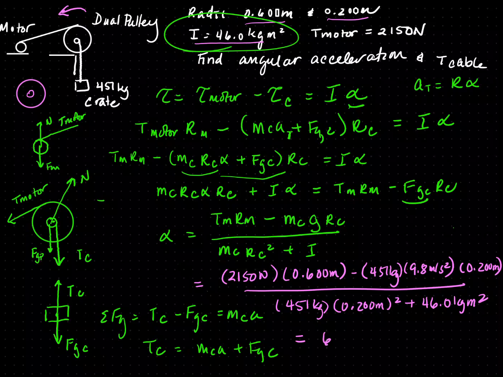This becomes 6.339 radians per second squared.